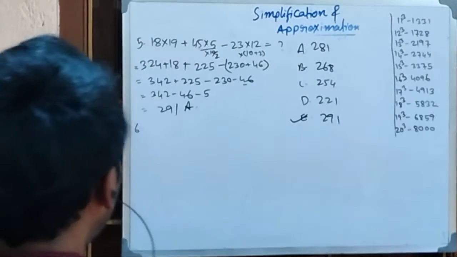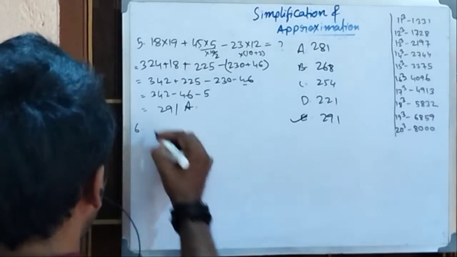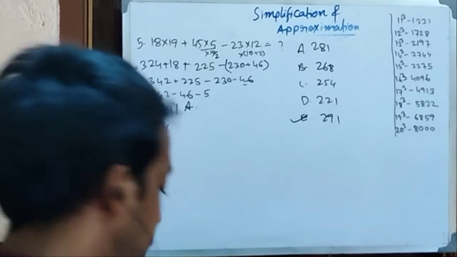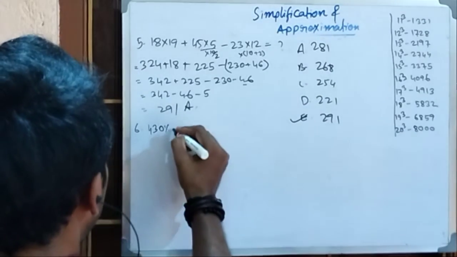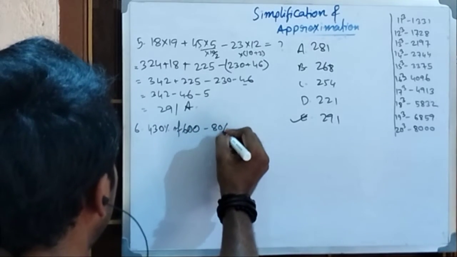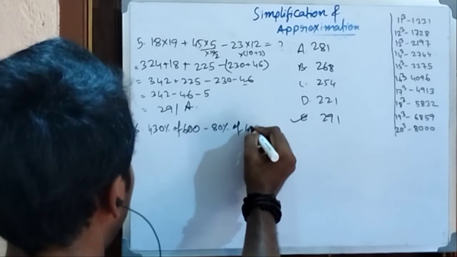Okay, so the next question is here. For 30%, yes, after that we will move to the approximation part as well. Just keep patience. Okay, minus 80% of 420.